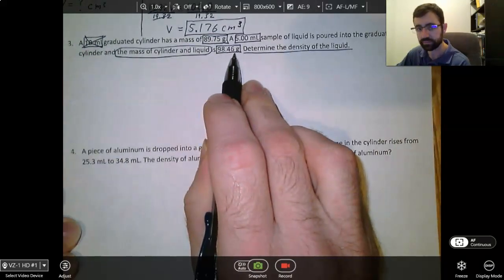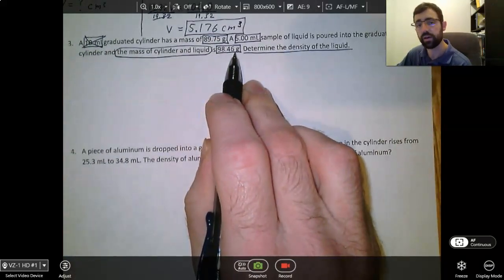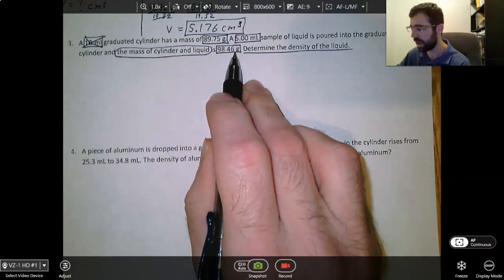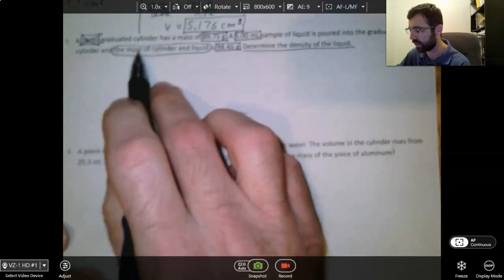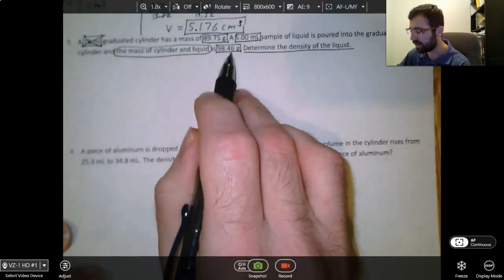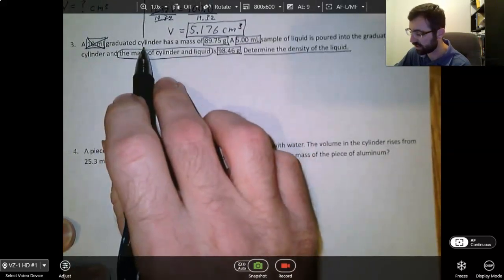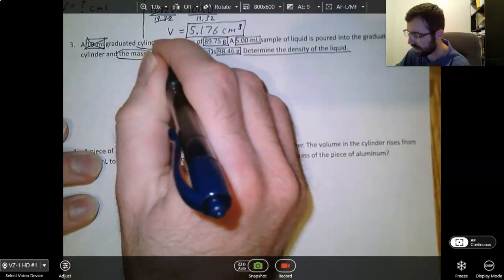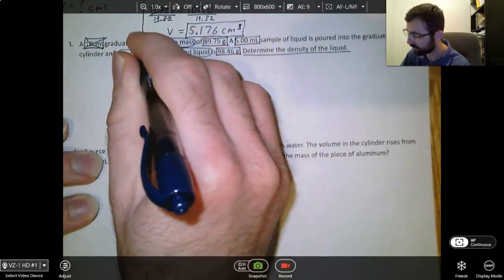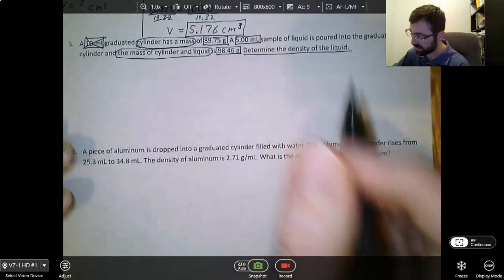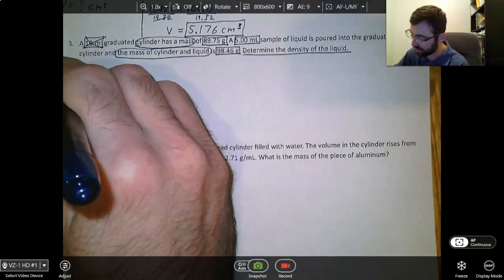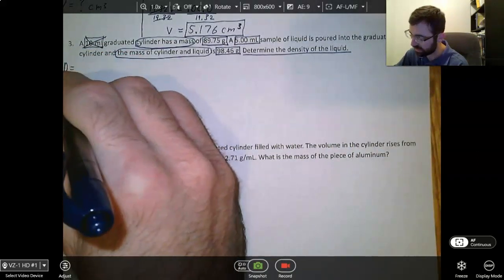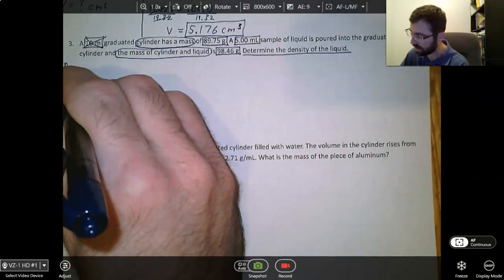So if I want to find the mass of just the liquid, I would do the mass of the cylinder and the liquid minus the mass of the cylinder, because the cylinder's mass was 89.75. Okay, so we have D and M and V. We're talking about mass right now.